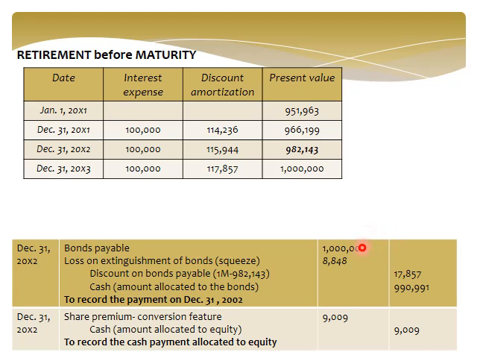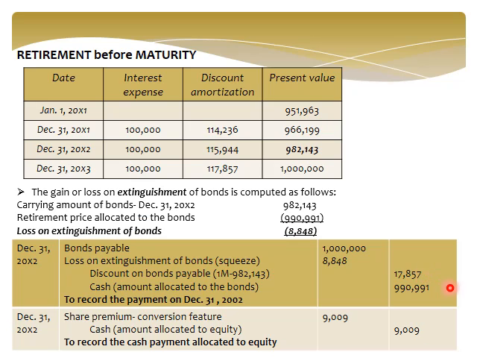So, cancel the 1 million bonds payable. Cancel the discount on bonds payable of 17,857. Paano i-compute yung 17,857? Discount on bonds payable, the 1 million bonds payable face amount minus 982,143.